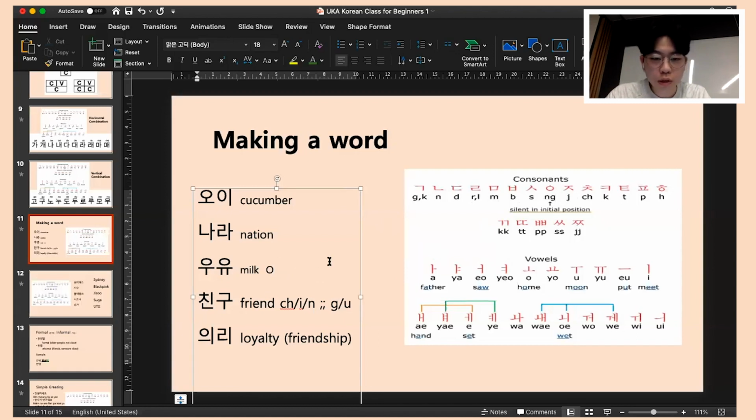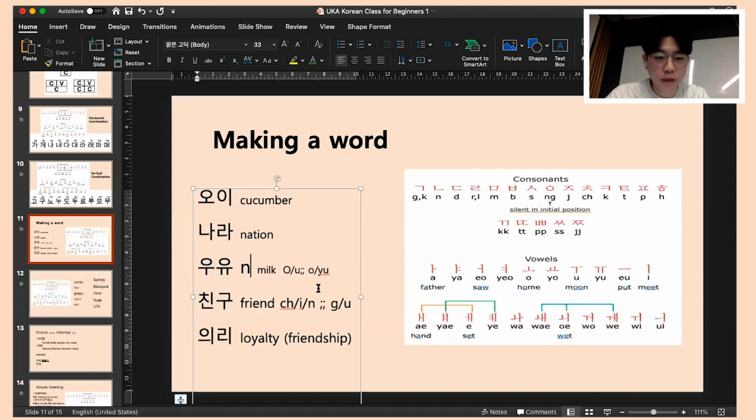Ooh is the R sound with the U sound, and the U sound is the O sound again with the U sound, YU. Most of the time it goes silent.